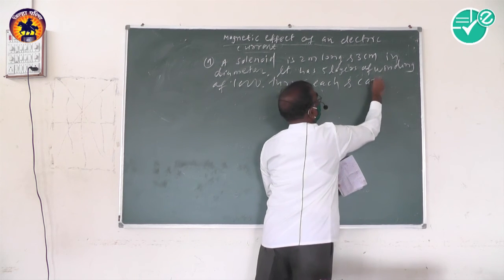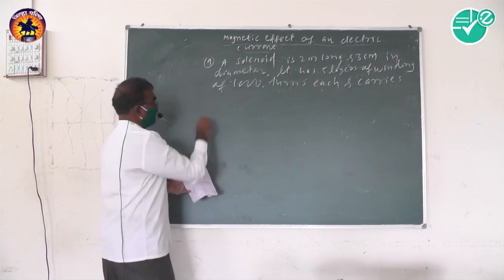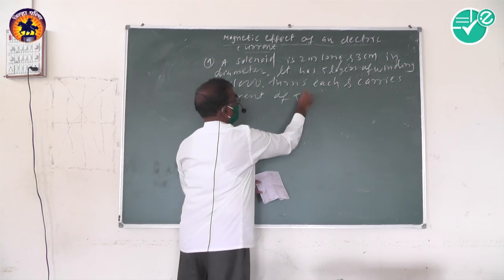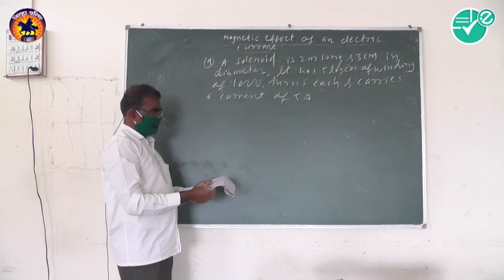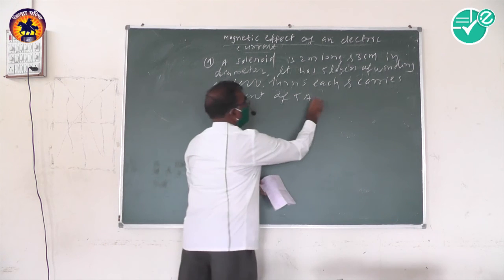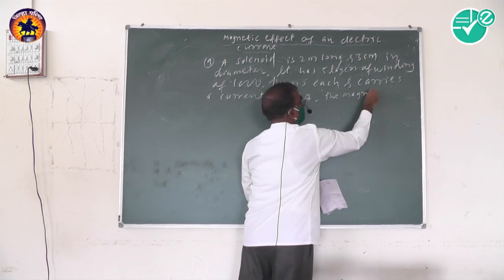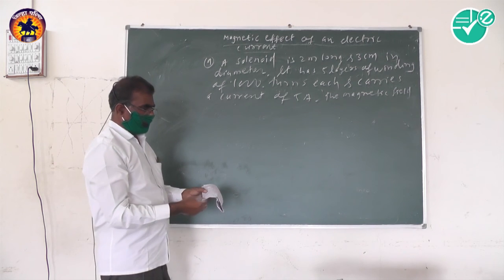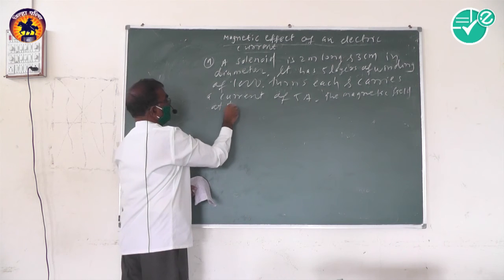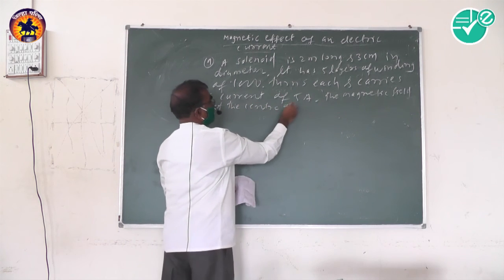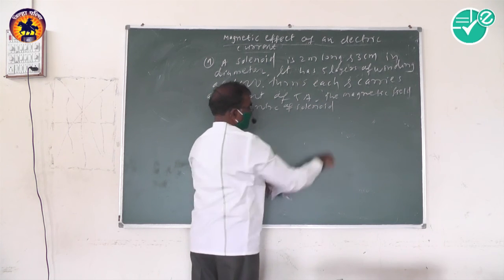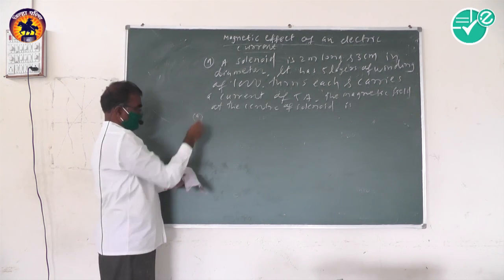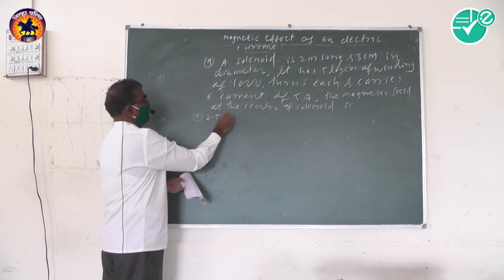The magnetic field at the center of the solenoid is: multiple choice A, 2.5 into 10 raised to minus 3 Tesla.